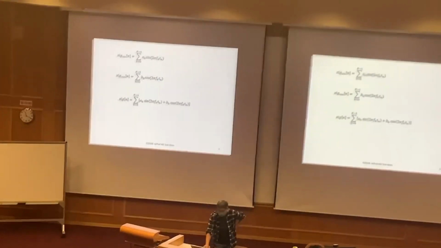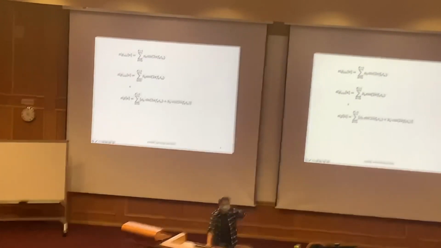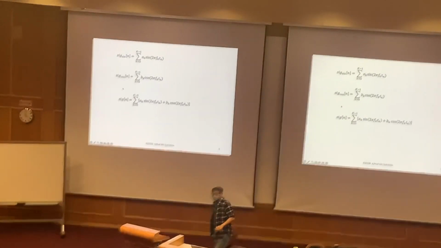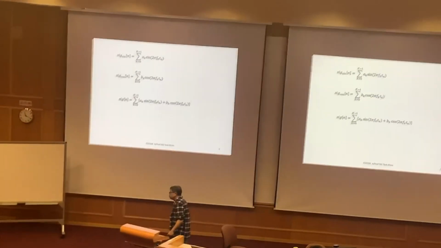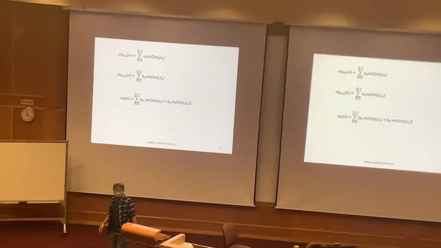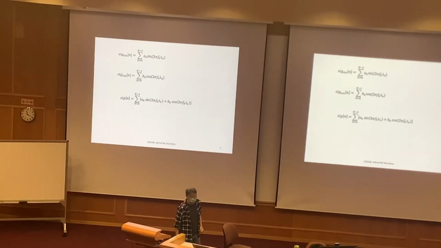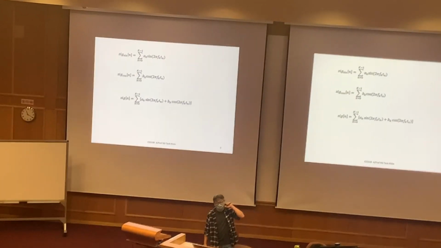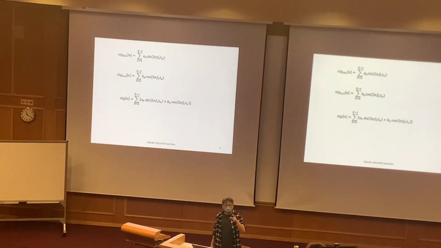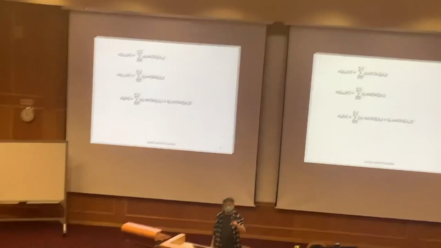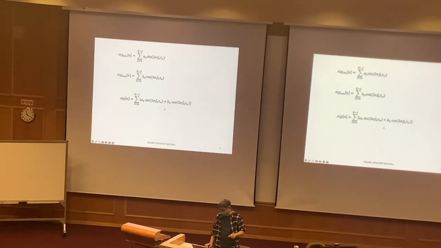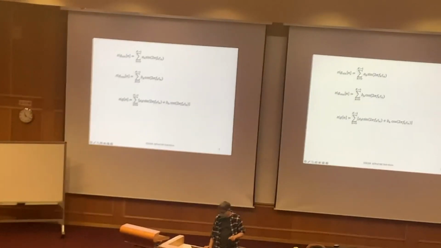Now, any signal, right? Any signal. This one I have to ask you to believe me first, that any signal that you hear can be represented as a summation of sine and cosine, okay? With different amplitude.